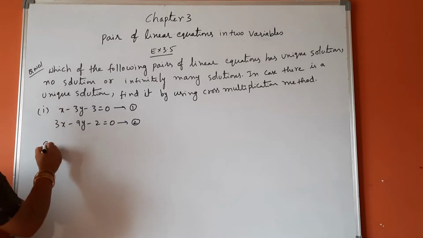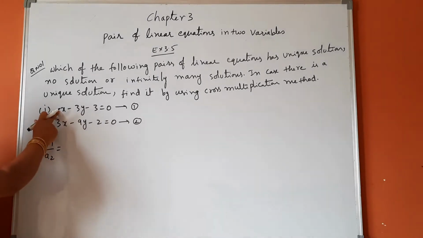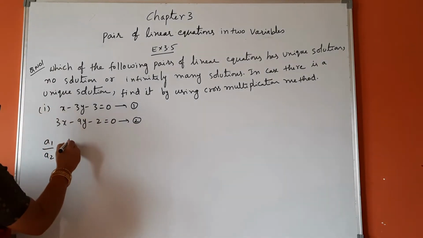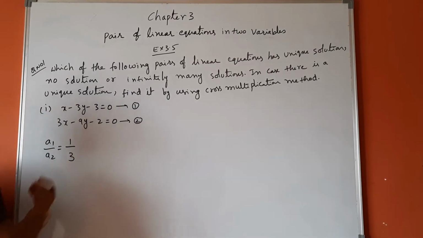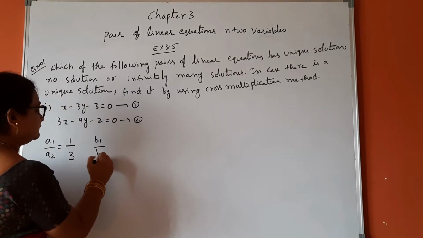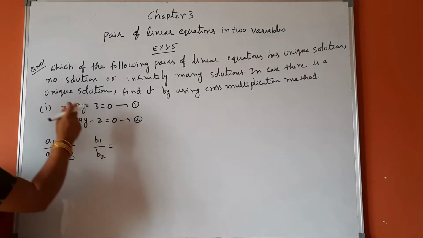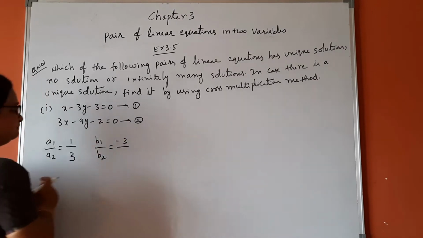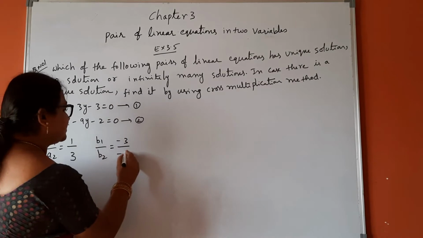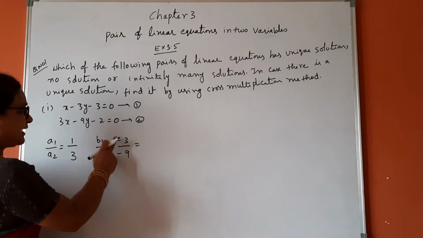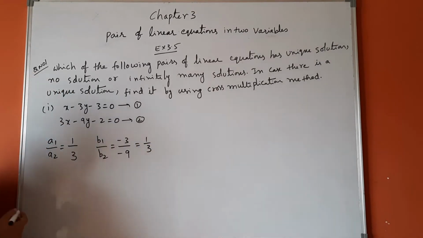So here a1 by a2 is equal to, a1 means coefficient of x in first linear equation, that is 1, by a2 coefficient of x in second linear equation, that is 3. b1 by b2 is equal to b1 coefficient of y in first linear equation, that is minus 3, by b2 coefficient of y in second linear equation, that is minus 9, which is nothing but 1 by 3.